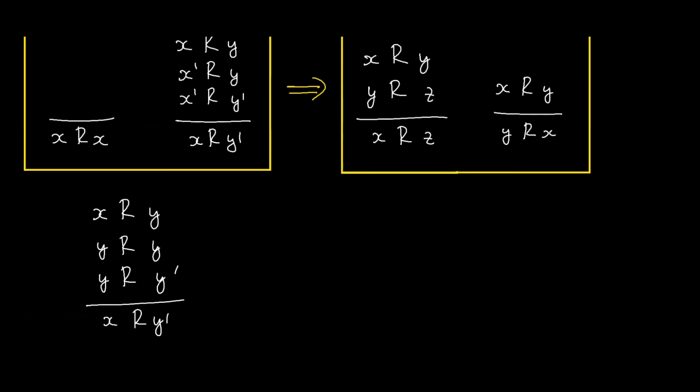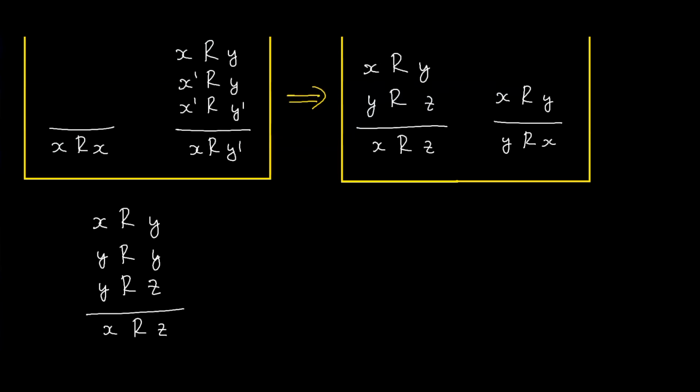Does this give us the transitivity? If we refer to y prime as the equivalent of z, let's replace y prime with z. Good idea. Do we then get transitivity?